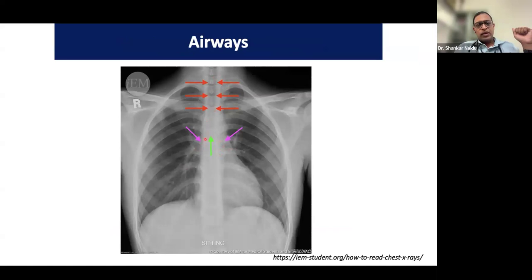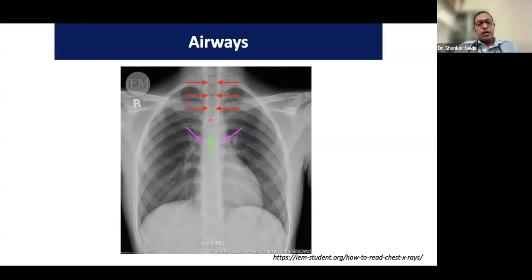The junction where these two divide is the level of the carina. So we need to see whether all these things are clearly visible or not. Sometimes the patient might be intubated, so they might have an endotracheal tube within the trachea. If there is an endotracheal tube, you have to see whether it is in the right position or not, whether it is at the right level or not.